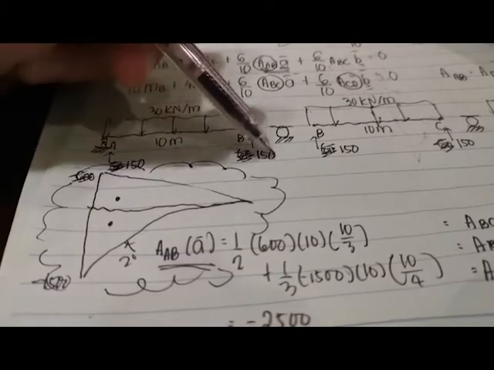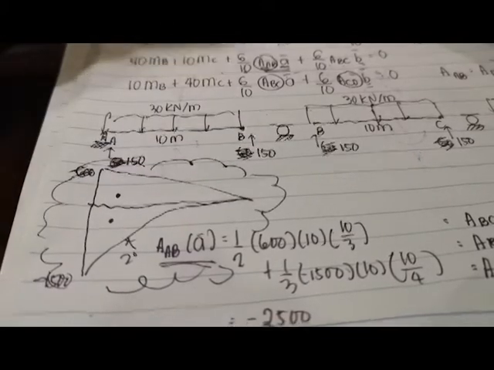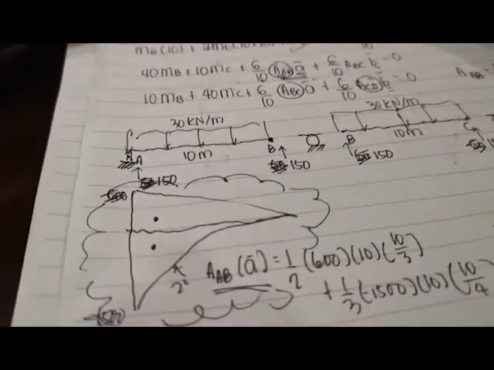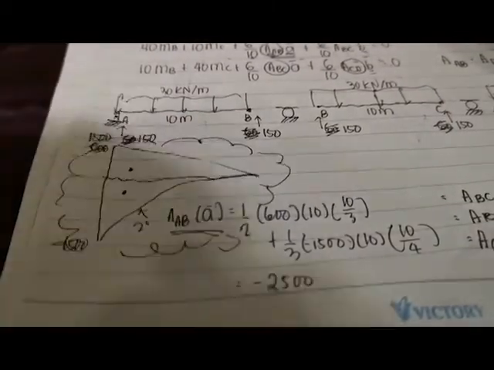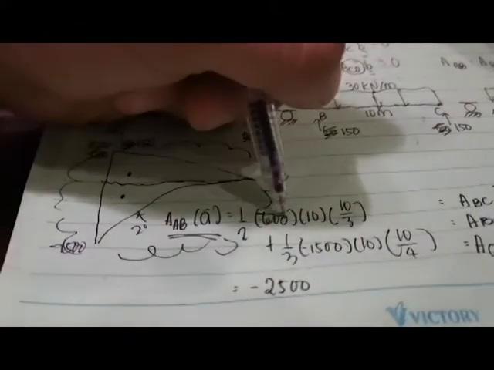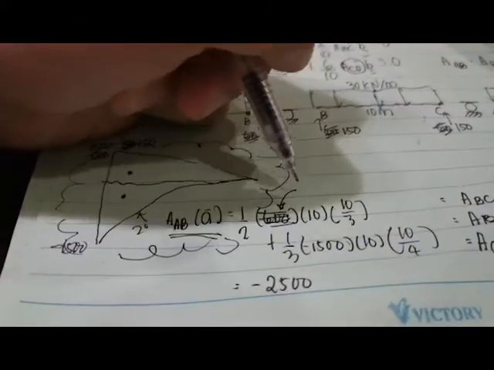Due to the 150 kilonewton reaction, 150 times 10 is equal to 1,500.